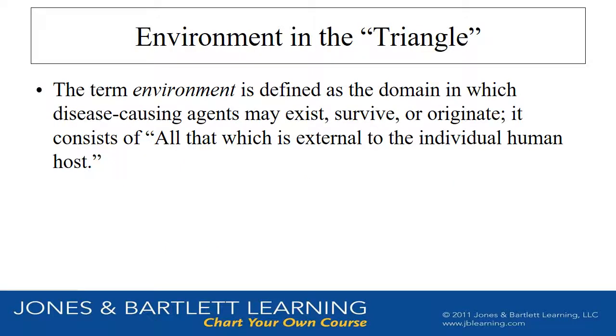The term environment in the triangle focuses on the domain in which disease-causing agents, like infectious microorganisms or chemicals, exist, survive, or originate external to the human host. So we could think about two examples, like the water habitat for mosquitoes in a malaria endemic setting, or we could think about air pollution in an urban environment.